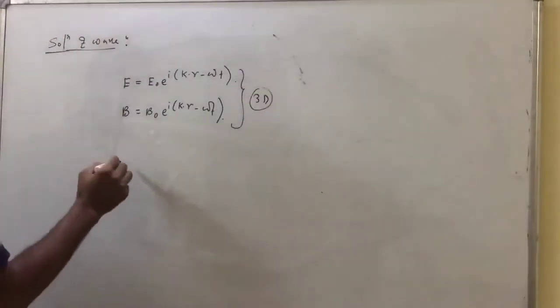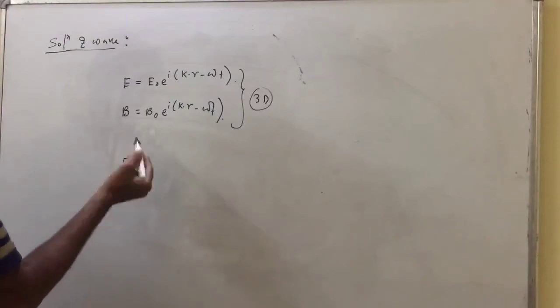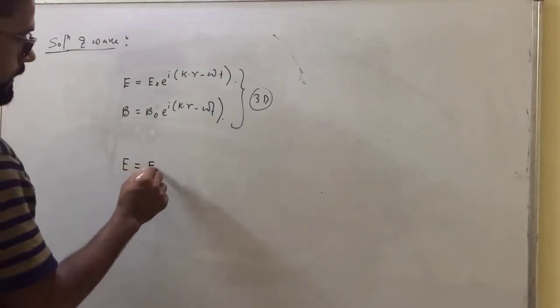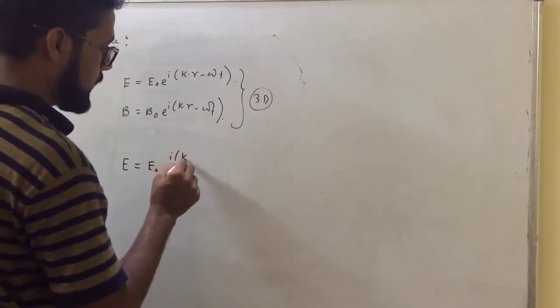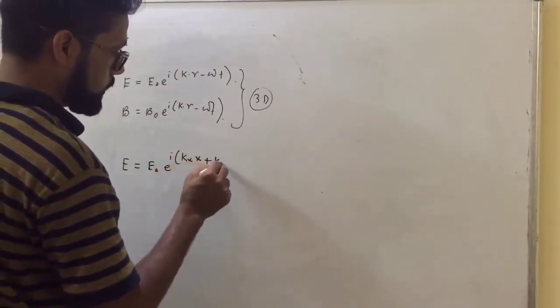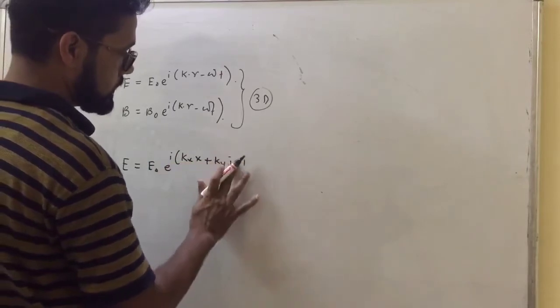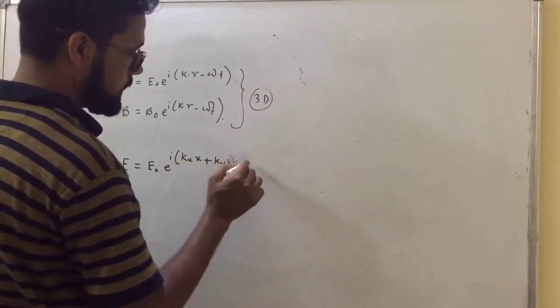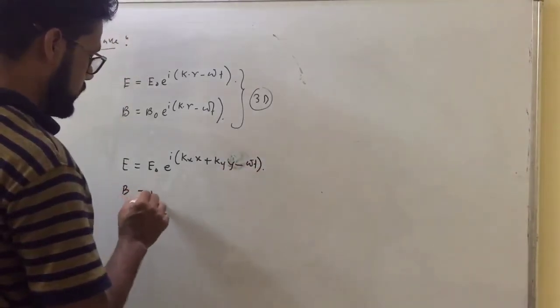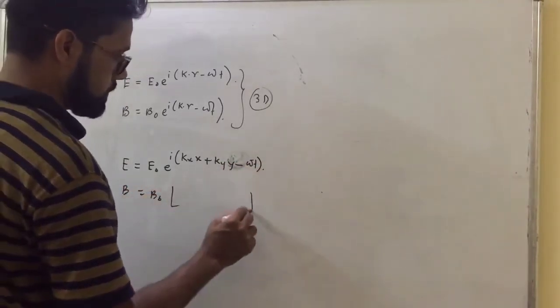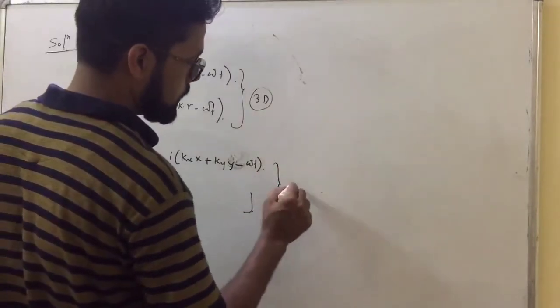Now the two-dimensional solution. I can expand it like this: kx x plus ky y minus omega t. Similarly, B equals B naught, and this part remains the same. Why is this two-dimensional?